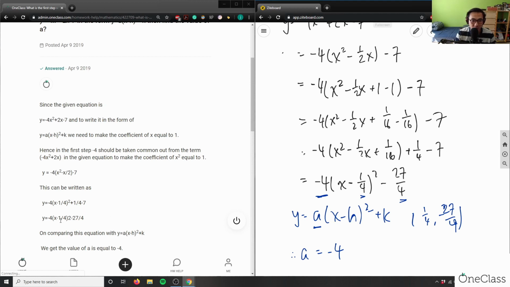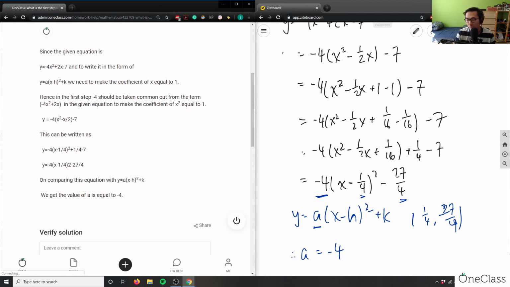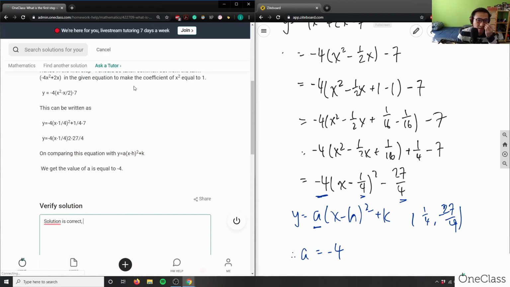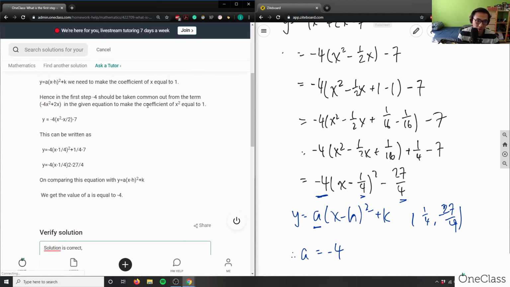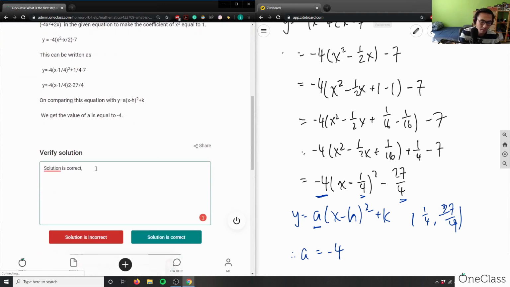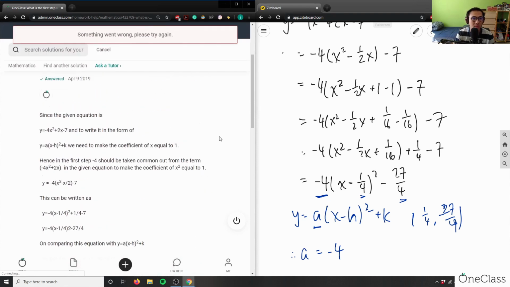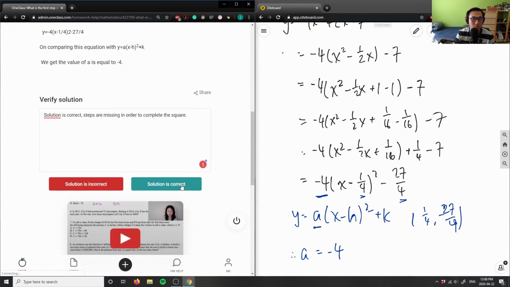That's what we did, and they simplified to exactly the same thing I got. So our value of a is negative 4, and this solution is correct. But they didn't write down how to complete the square, so steps are missing. I'm going to say the solution is correct though. Oh, it says something went wrong.